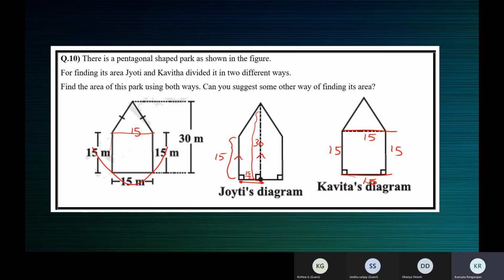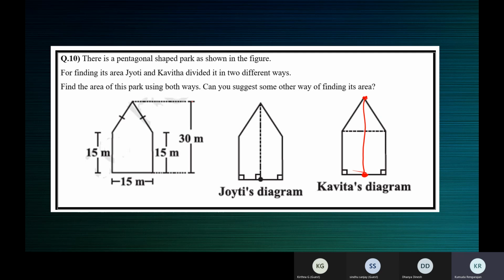What about the height? 15 meters, ma'am, because total height is 30 meters minus 15 meters is 15, ma'am. Correct. So from here to here, the length is 30.